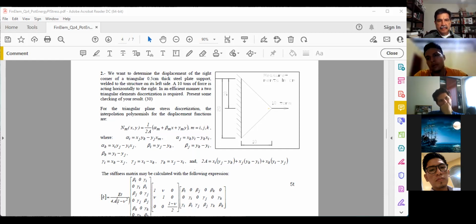And finally, for the last problem, you need the stress, and for the stress, you need the strain. So here, with this N, you can deduce an expression for epsilon x.